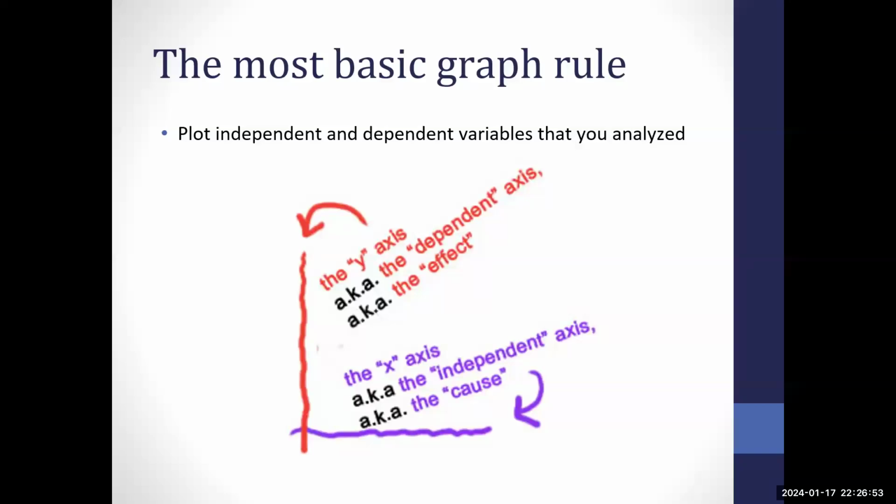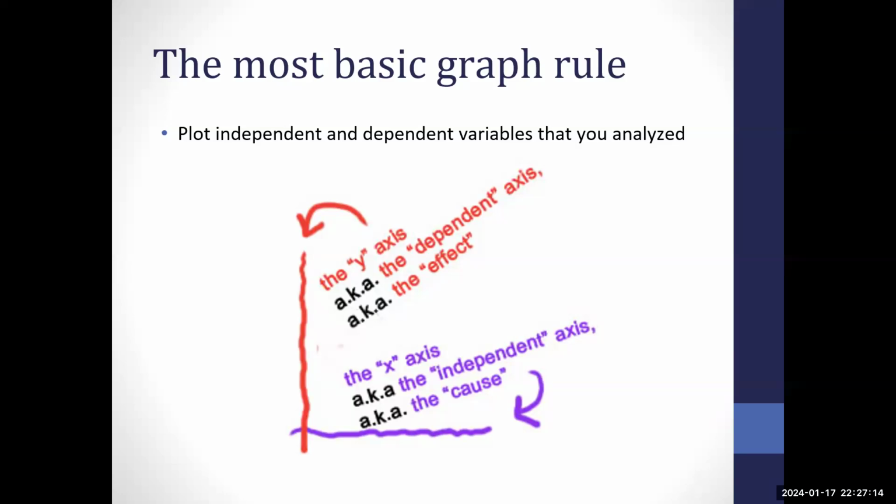And our independent variable is usually found on the x-axis. If you look in this picture, you can see the x-axis is shown in purple, and it's horizontal along the bottom of our slide. And we think that this independent variable is what causes the change in the dependent variable.